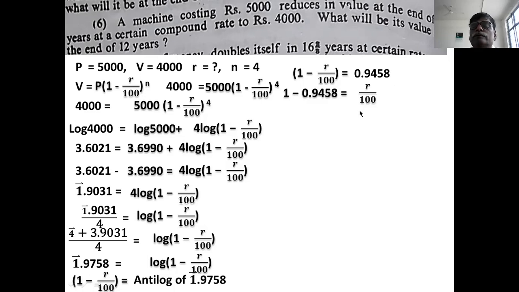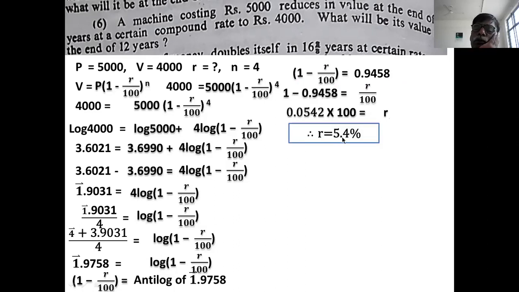to the left hand side and take the minus factor to that side, r by 100. Okay, you see how I interchange. This value is taken to this side and this value is taken to that side. This is the way. So 0.0542 into 100 is equal to R. You take this 100 to this side.